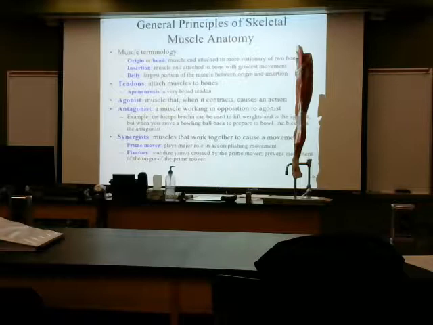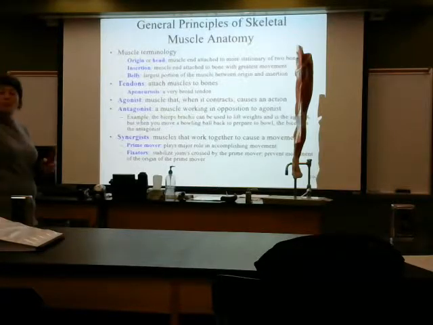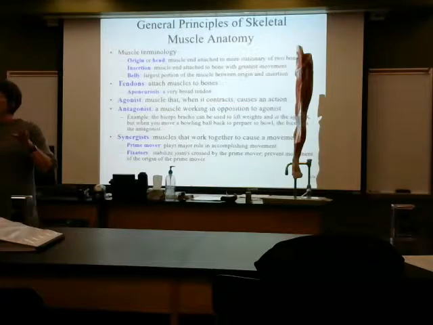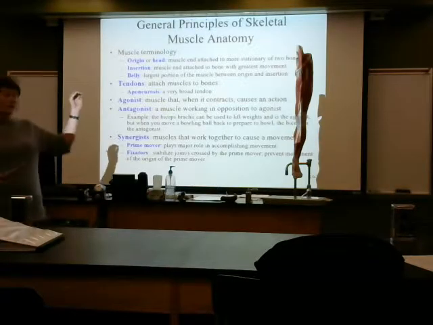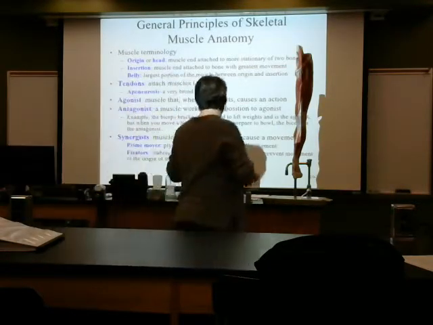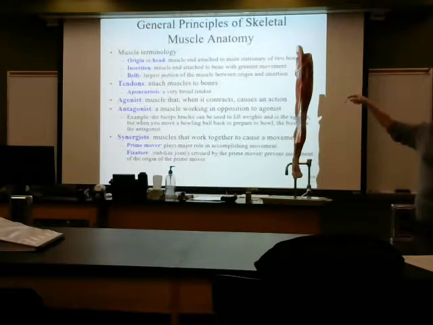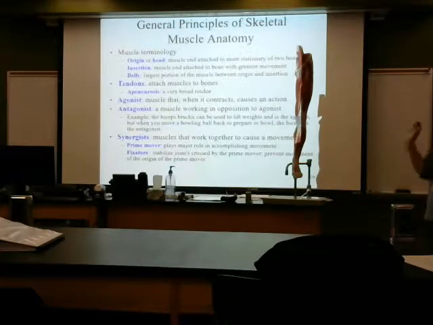Just a simple movement of your arm, like this, a flexion and an extension of your arm, requires certain muscles of the arm to work together. When they work together, we'll have a muscle or muscles that will be considered an agonist, an antagonist, and a synergist.